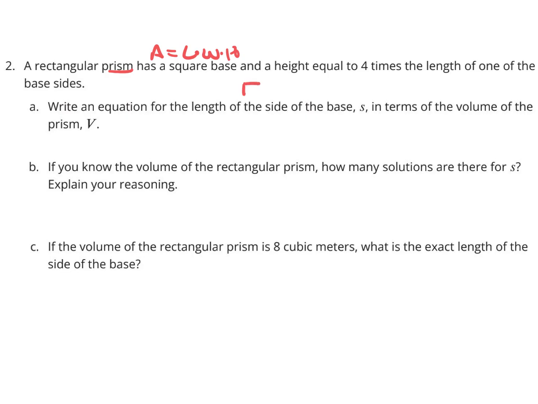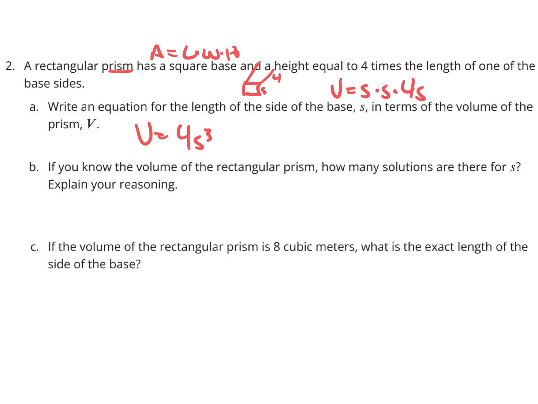So we've got a square base, and the height is 4 times the base side. So volume equals length, which I'm calling S, times 4S. So the volume equals 4S cubed.